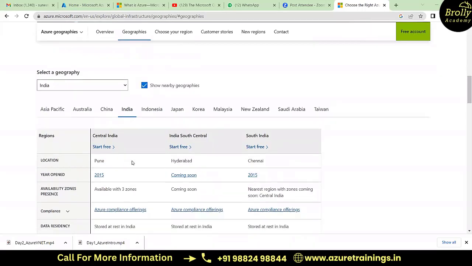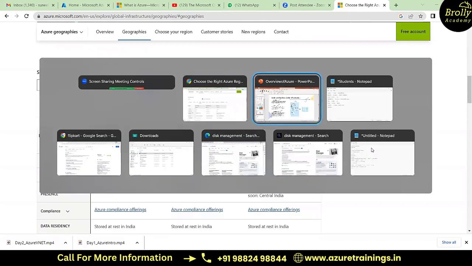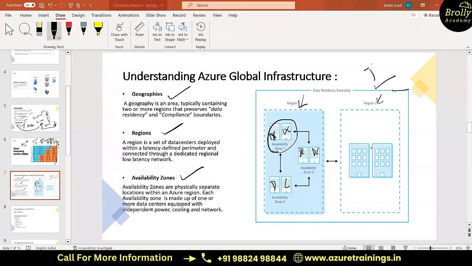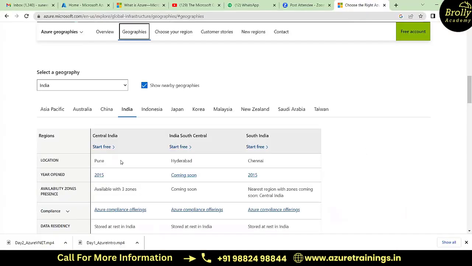As I mentioned, these are all geographies. Think India is the geography. In India, we have three regions, as per the website: Central India, India South Central, and South India.